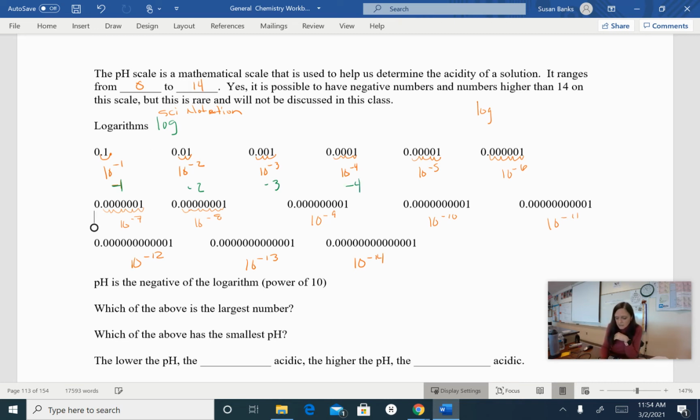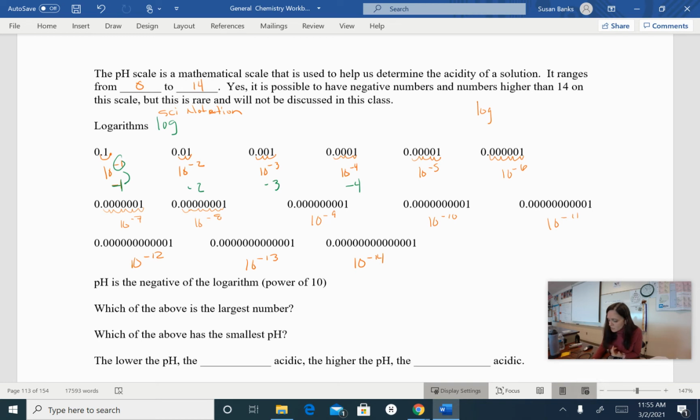Do you see that the log is the power of 10? Because really, that's all a log base 10 is. It's just showing you how big or small that number is in terms of a base 10.